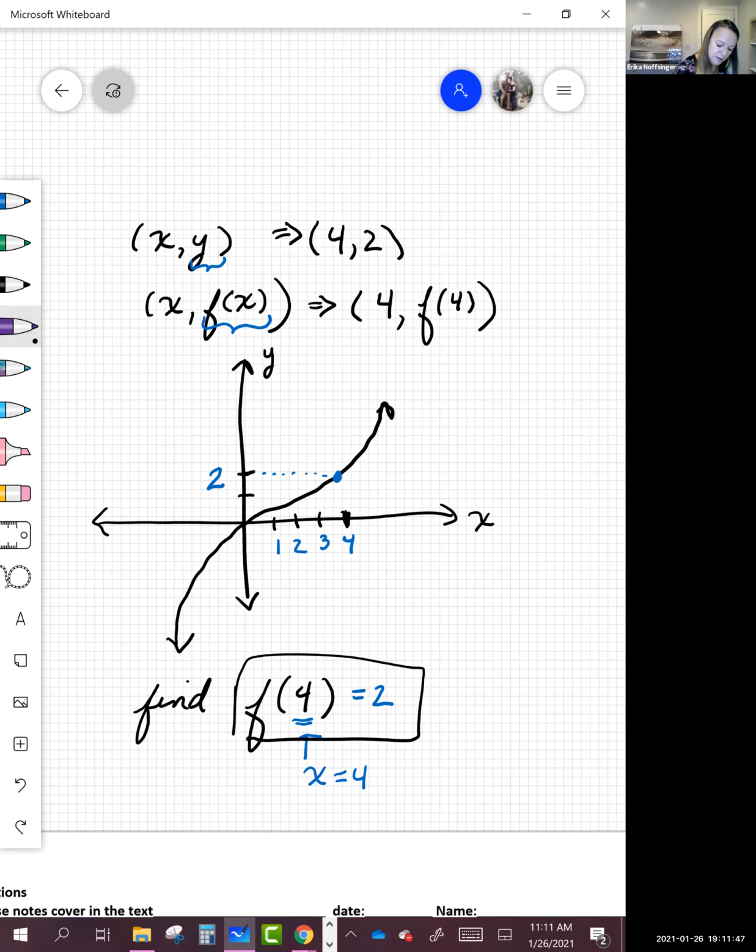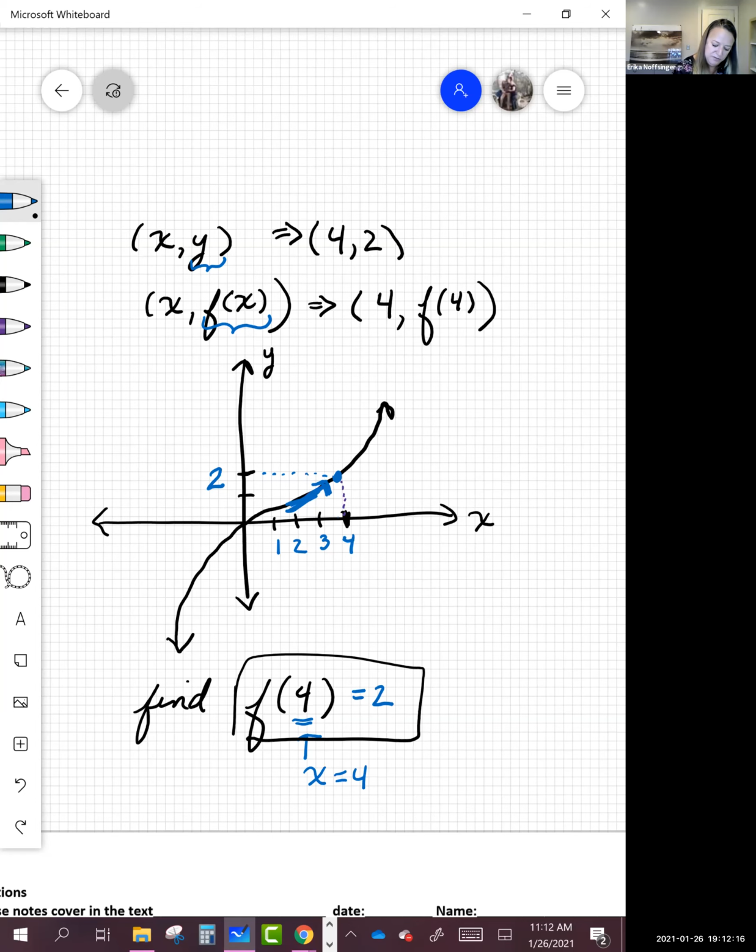I'll go through the definitions a little more in a second. So we're coming in on the left-hand side, getting closer and closer to x equals 4. Notice that that y value is getting closer and closer to 2.